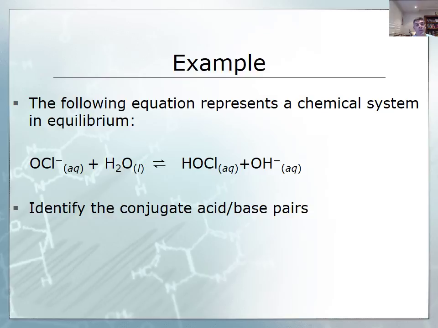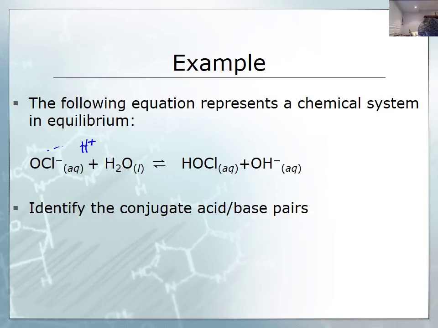Sometimes we have to look at conjugate pairs, identifying the acid and the conjugate base and the base and the conjugate acid. Stop the video if you want to have a go, but I'll go through it now for you. There is an H+ ion that's going to be transferred.